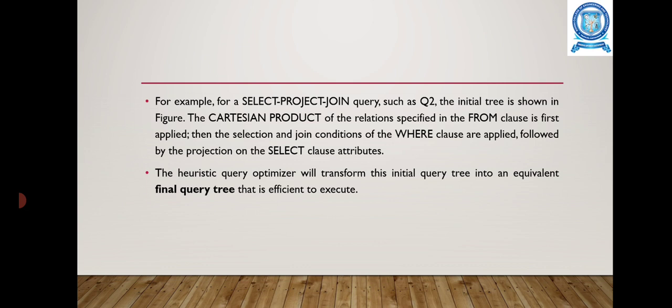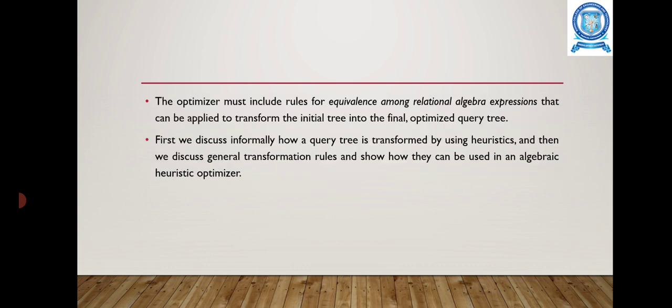The heuristic query optimizer will transform this initial query tree into an equivalent final tree that is efficient to execute. The optimizer must include rules for equivalence among relational algebra expressions that can be applied to transform the initial tree into the final optimized query tree.